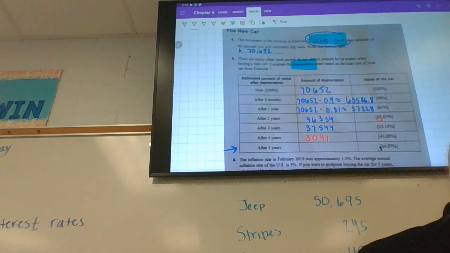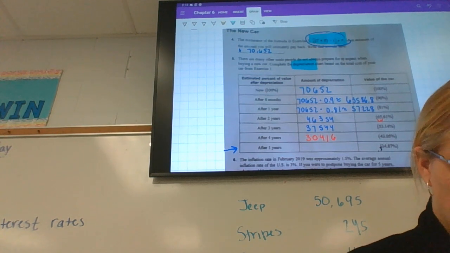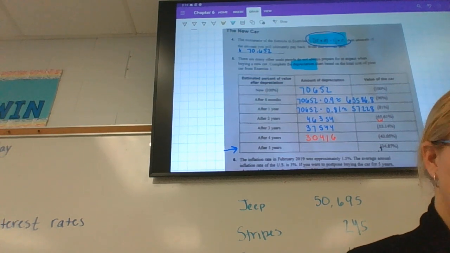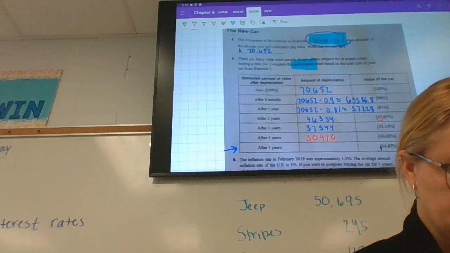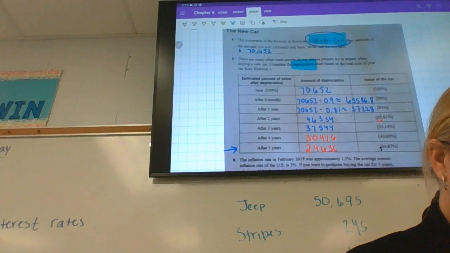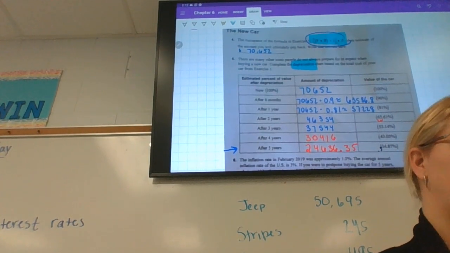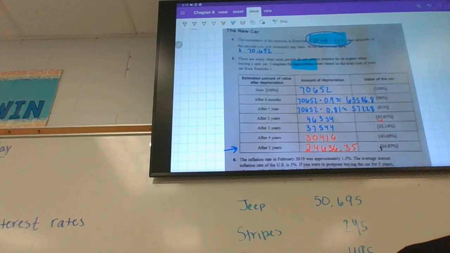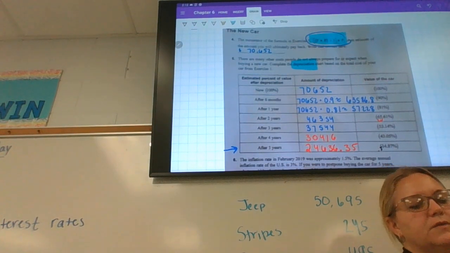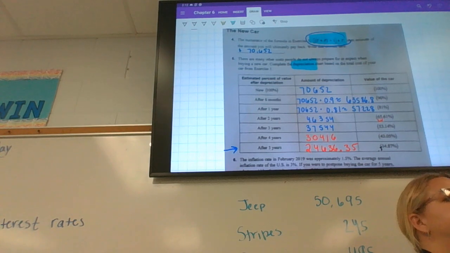That can't be right. Oh. Did you move the decimal first? It should be like some cents at the end. Like I could be writing 35 cents at the end. After 5 years, my car went from 70 to 24,000 because of depreciation.